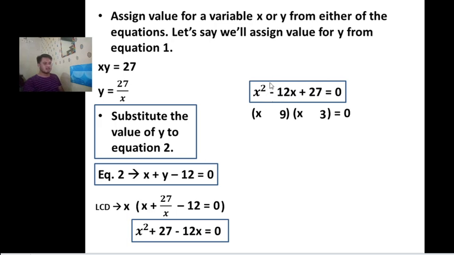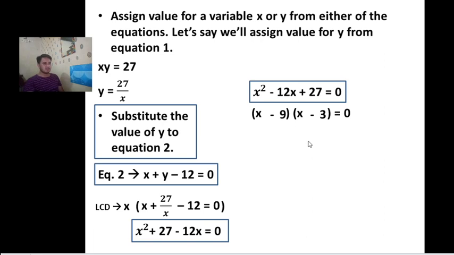Since the sign of the middle term is negative, the signs of our factors here are also negative. So we have the factored form, the quantity of x minus 9 times the quantity of x minus 3 equals 0.